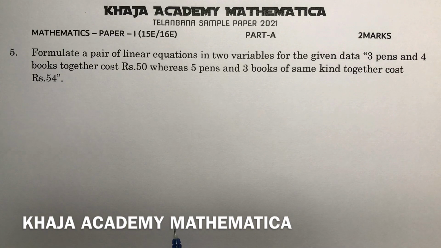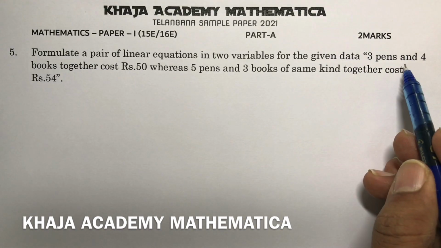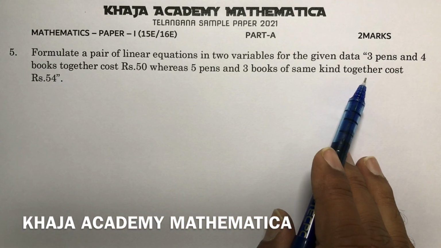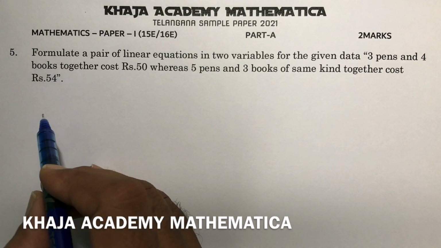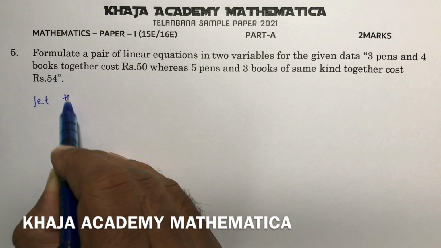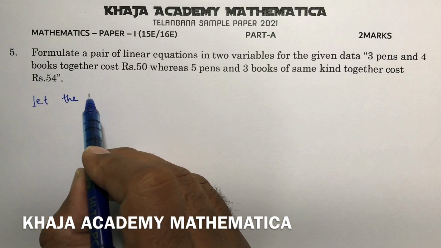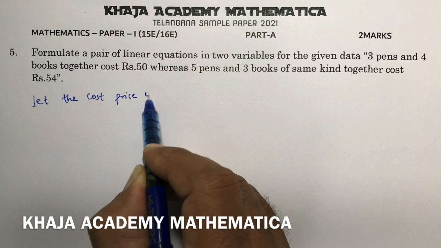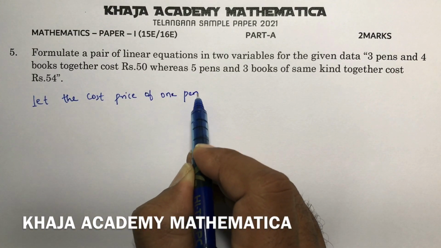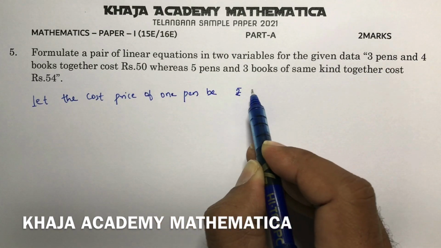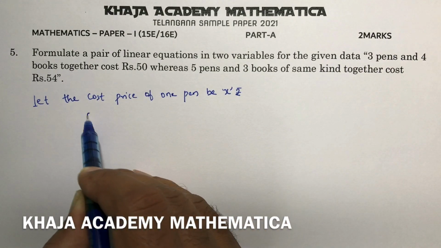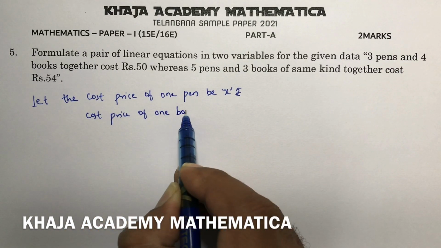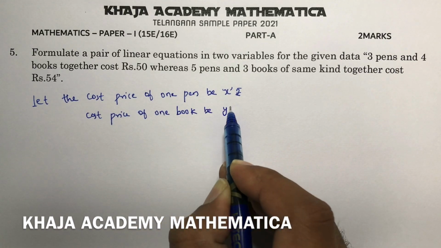Formulate a pair of linear equations in two variables for the given data. 3 pens and 4 books together cost 50 rupees, whereas 5 pens and 3 books of same kind together cost rupees 54. Let the cost price of one pen be x rupees and cost price of one book be y rupees.